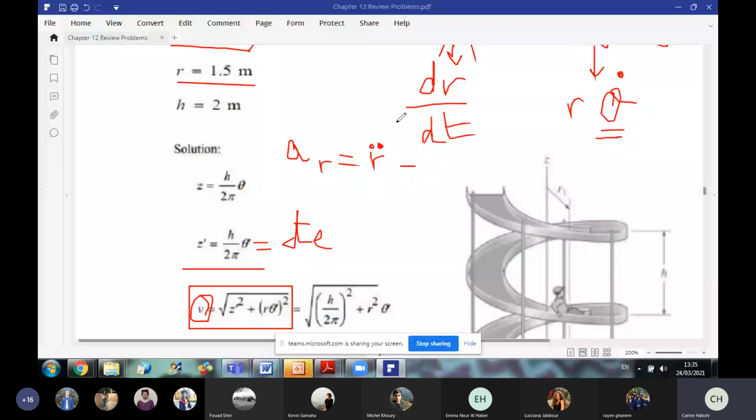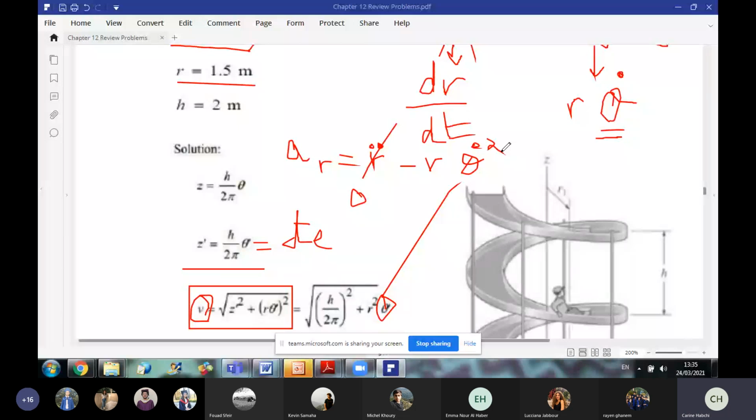So AR will be restricted to minus R theta dot squared. And we have already calculated from the velocity V the value of theta dot. So all you have to do is replace theta dot into the expression of AR. So the radial acceleration is minus R theta dot squared.